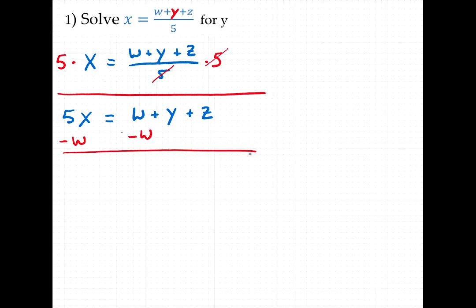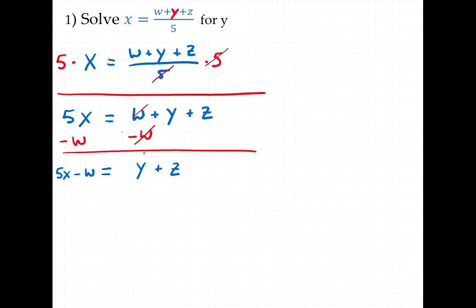You could do the w and the z both at the same time, but I'm going to go one step at a time. So the positive w, the negative w, they cancel. So on the right-hand side of the equal sign, we're left with the y plus the z. And on the left, well, these are not like terms. You can't combine the x's and the w's. So we simply have 5x minus w.